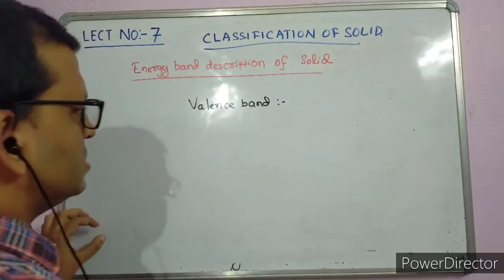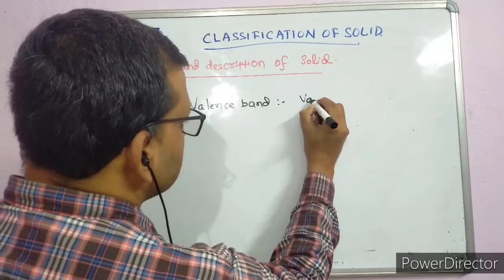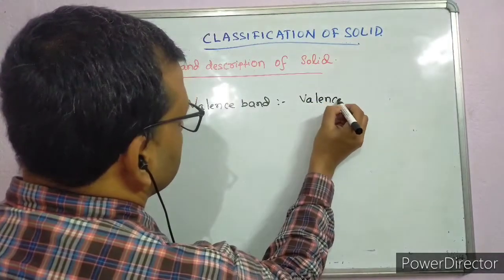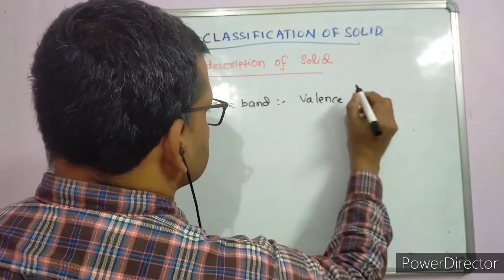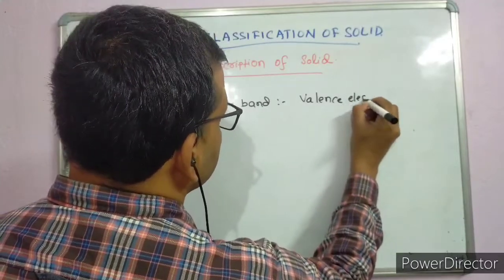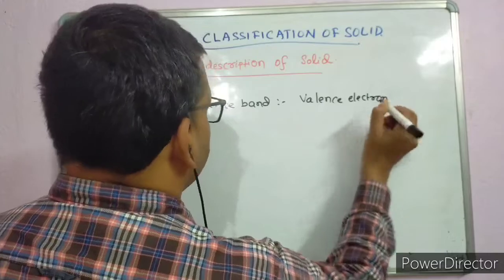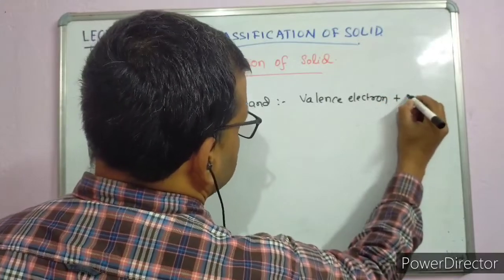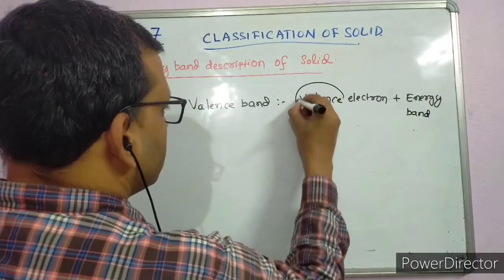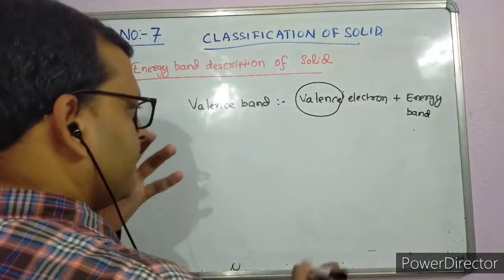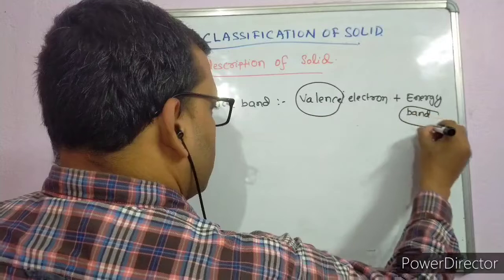It can be thought of as the combination of valence electron and energy band.